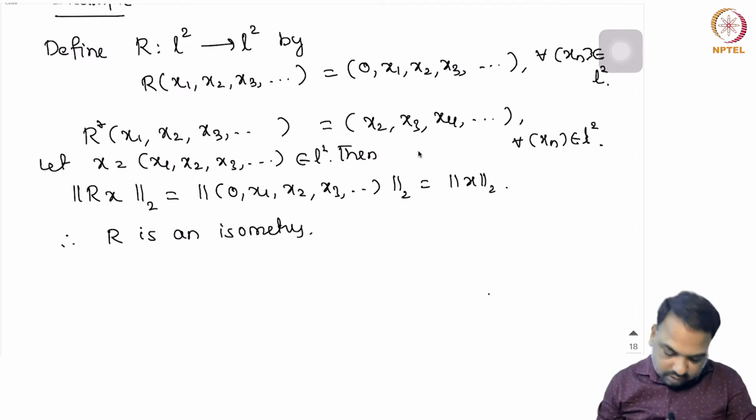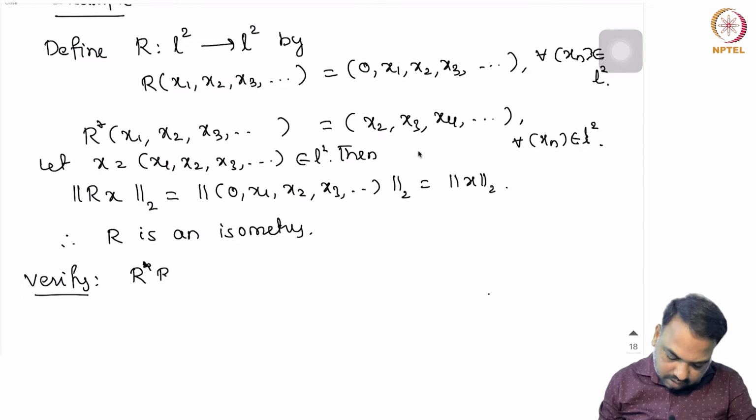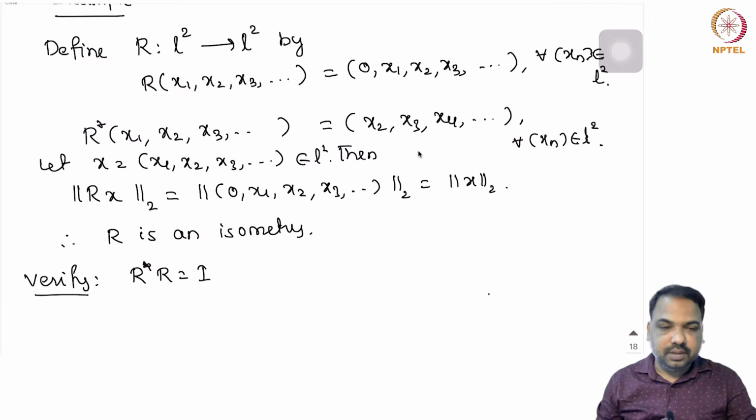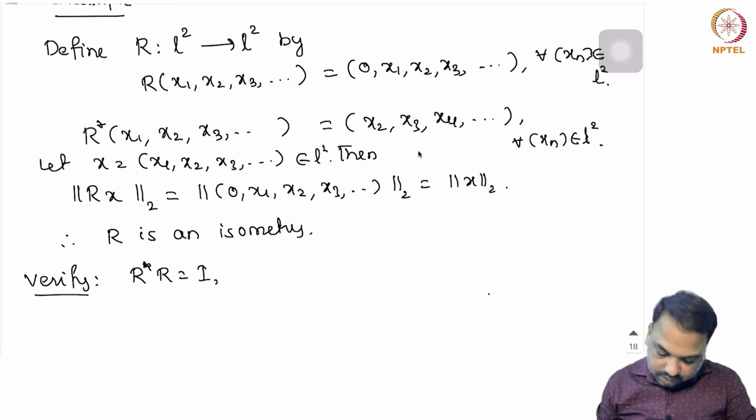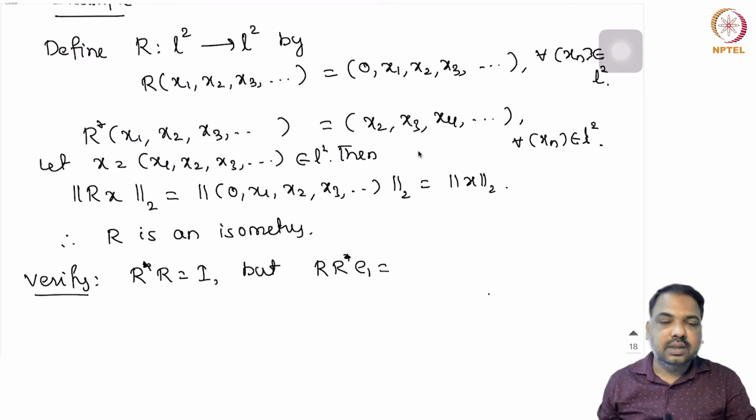Also, we can easily verify that R star R is the identity operator, but R star E1, where E1 is the first element in the standard orthonormal basis of L2, goes to 0.